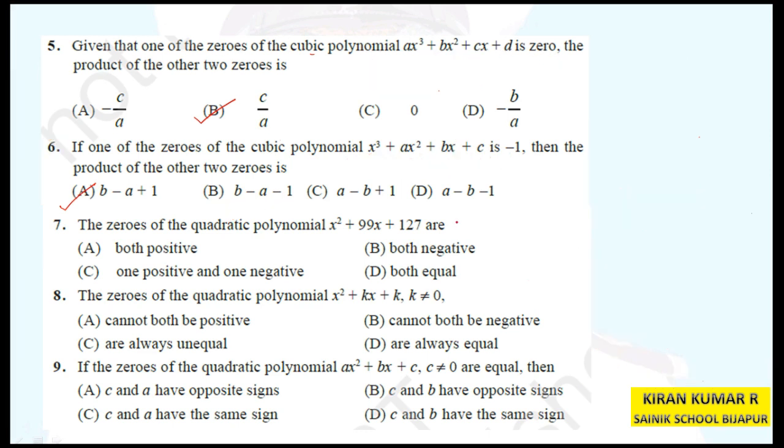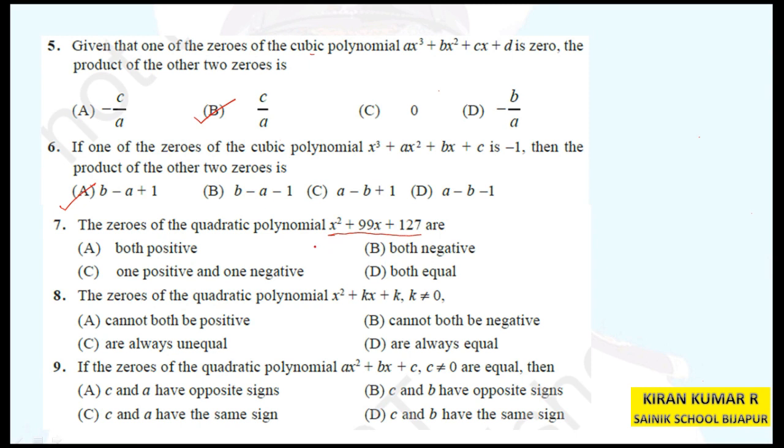Have a look at question 7. The zeros of the quadratic polynomial x square plus 99x plus 127 are: option A both positive, option B both negative, option C one positive and one negative, option D both equal.